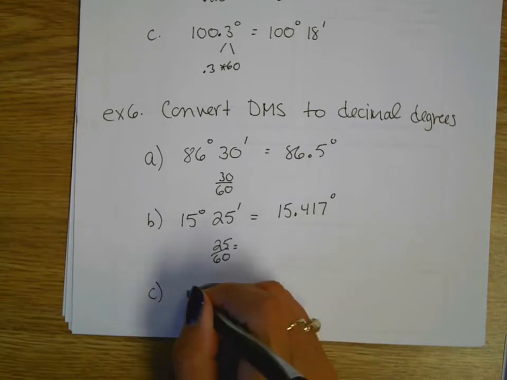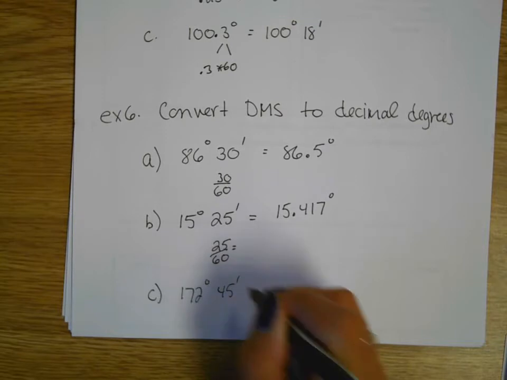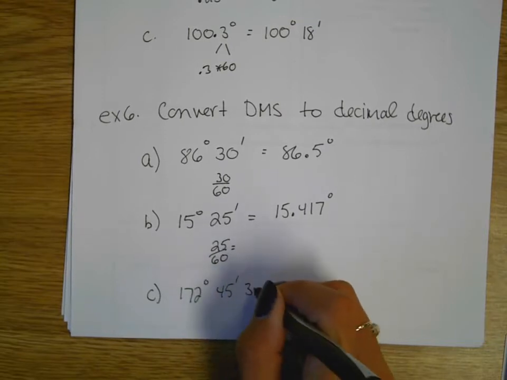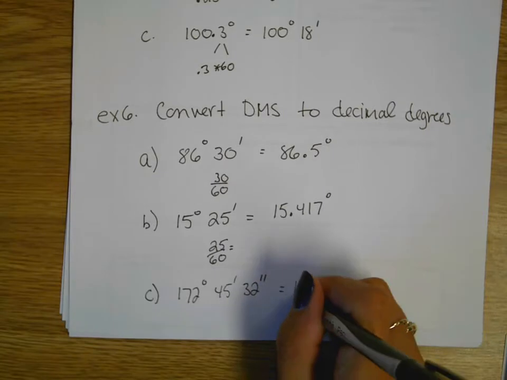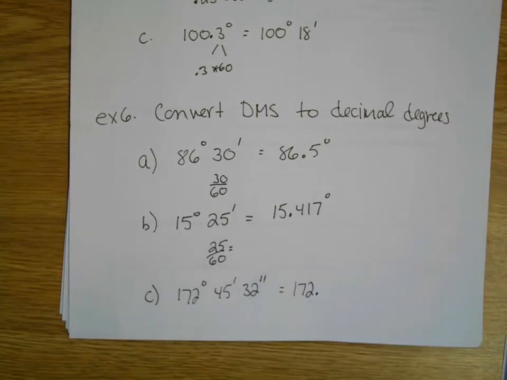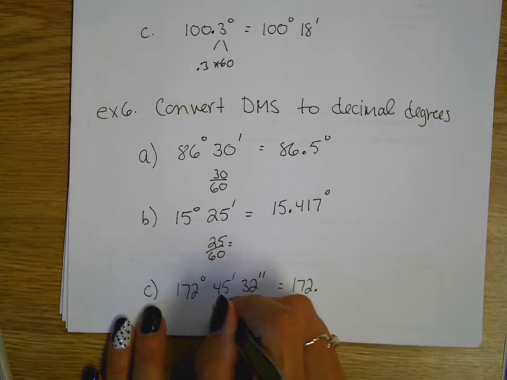What about the seconds? I kind of lost those. 172 degrees, 45 minutes, 32 seconds. What's going to happen here? You got the 45 out of 60.